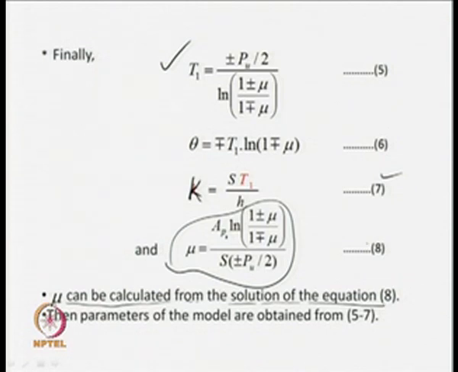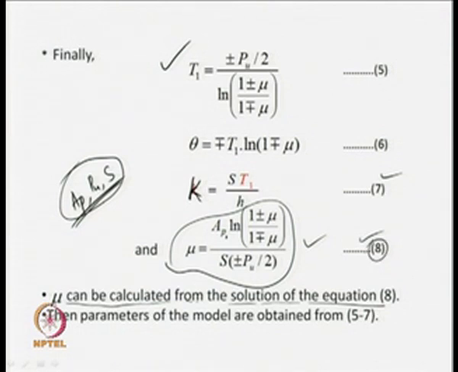We have got one nonlinear equation where there is only one unknown, and since AP, pu and S are measured or obtained from the sustained oscillatory output of the relay feedback test, mu can be estimated using expression number 8.